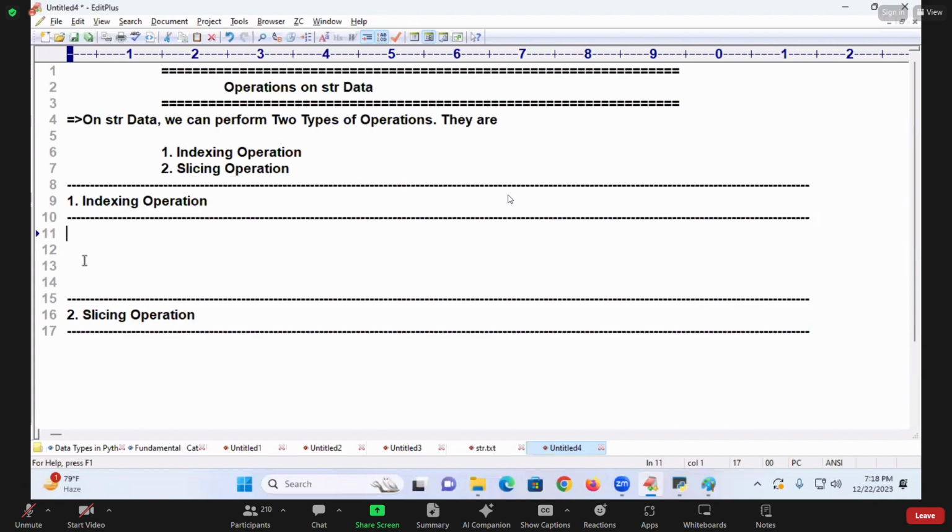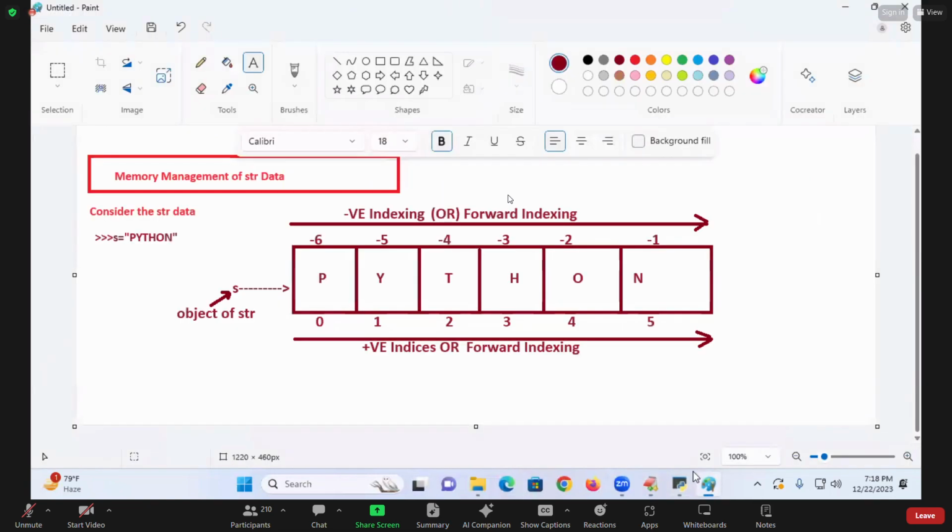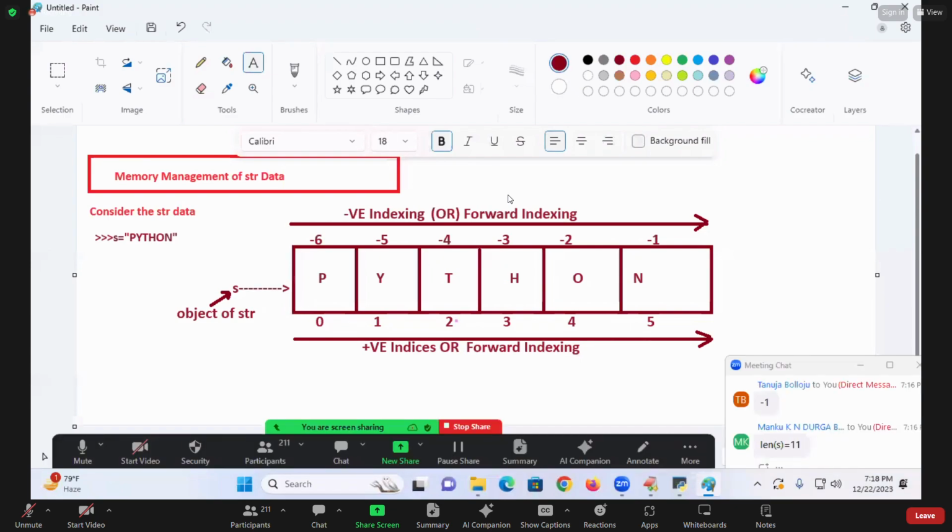Similar manner, I am going to ask you, what is the value of second index? T. What is the value of fourth index? O. What is the value of minus sixth index? What is the value of minus 3 index? What is the value of minus 1 index?